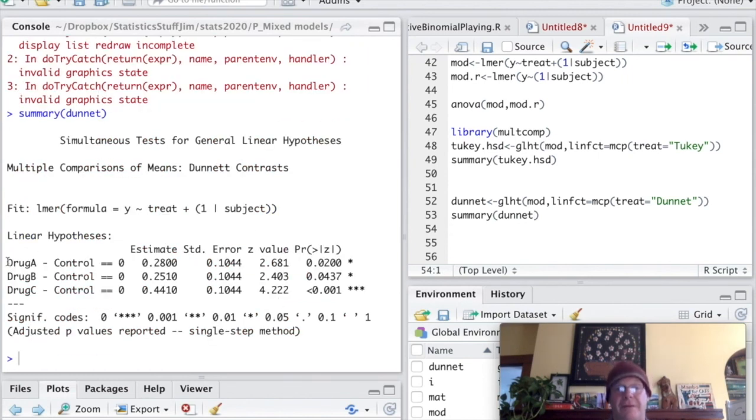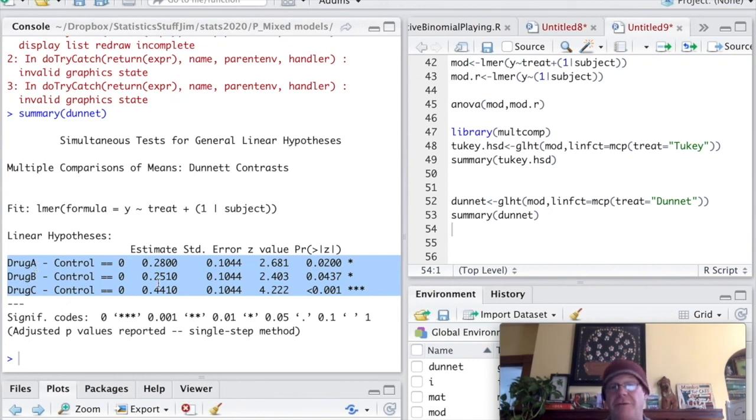And now notice that they're all showing up as being different. It's a more powerful post hoc test because we're doing fewer comparisons. And the fewer comparisons that we do, the more statistical power we're going to have to detect an effect. So if we had set it up as a Dunnett's contrast, then we would say all the drugs are better than the control group.